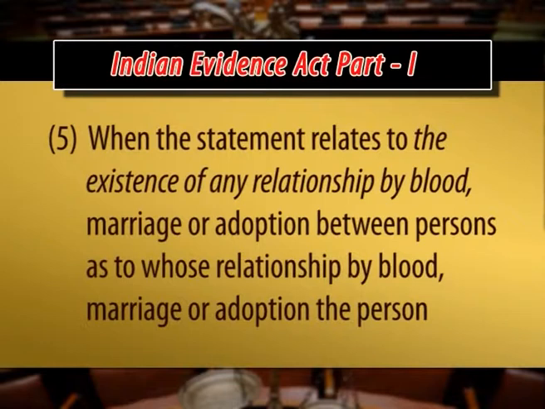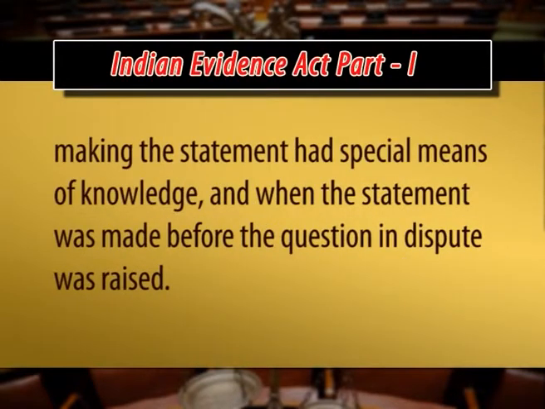When the statement relates to the existence of any relationship by blood, marriage or adoption between persons as to whose relationship by blood, marriage or adoption the person making the statement had special means of knowledge, and when the statement was made before the question in dispute was raised.